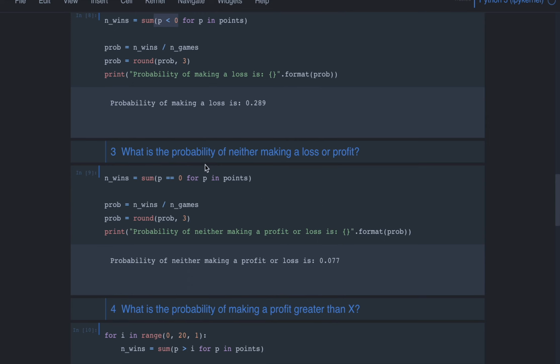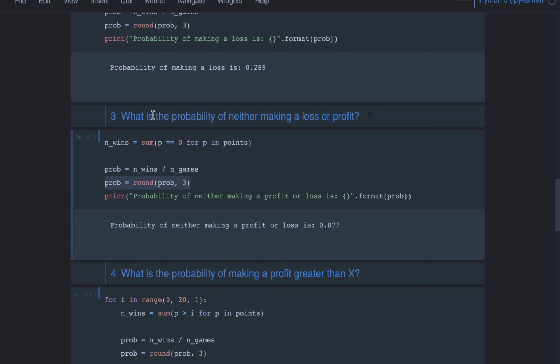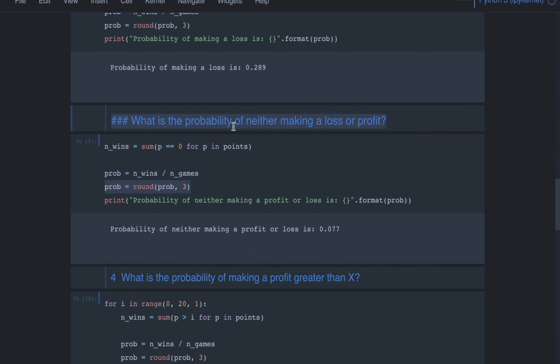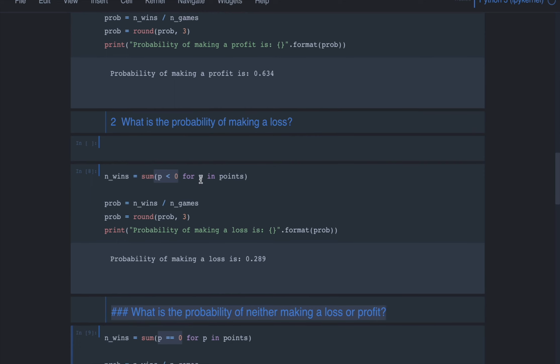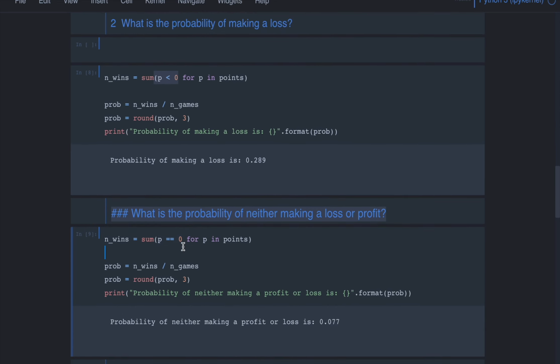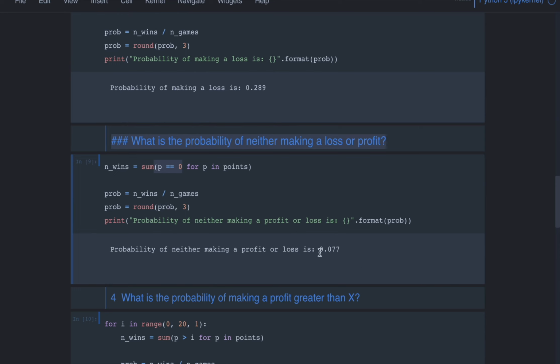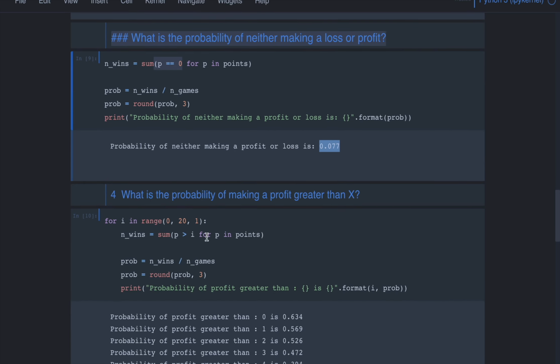We have some rounding error because we are rounding the values to just 3 decimal points. To answer this question, we just need to check how many times we have 0 as the points. So we begin with 0 and we check how many times the points value is equal to 0. So that probability is close to 0.07.